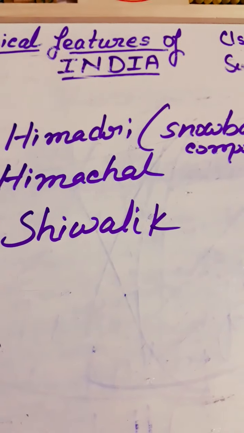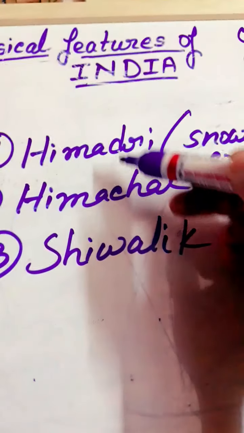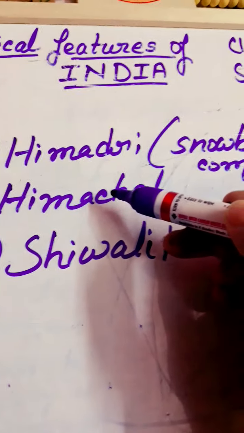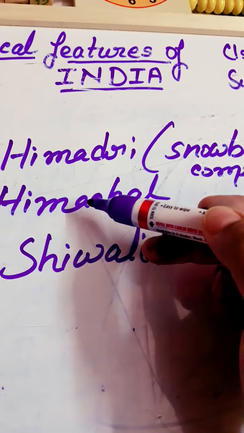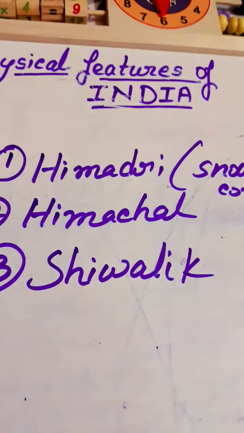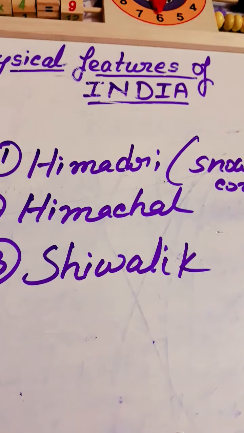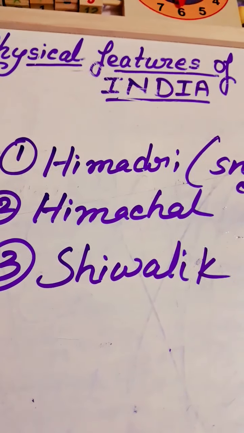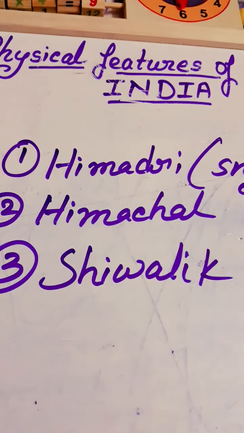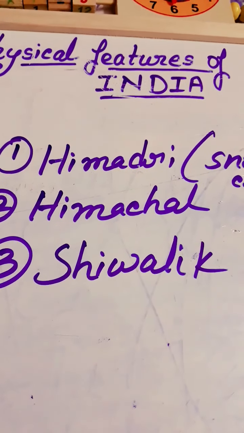Now the range lying to the south of the Himadri is known as Himachal. In this portion we can find some rugged mountains, and the Pirpanjal range, which is the longest range. The Dhauladhar and the Mahabharat ranges are also prominent ones.